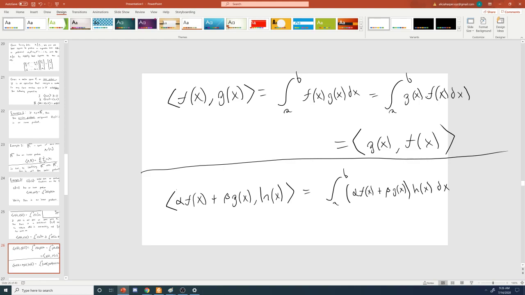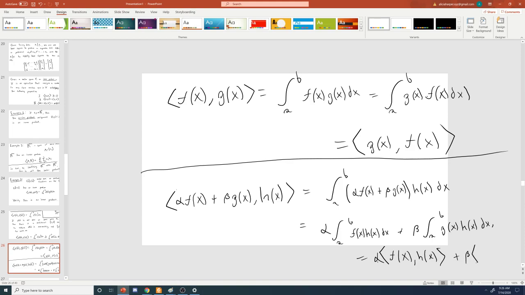But now I can just use the fact that the integral is linear to see that this is the same thing as alpha times the integral from a to b of f of x h of x dx plus beta times the integral from a to b of g of x h of x dx, which of course is the same thing as alpha times this plus beta times this.